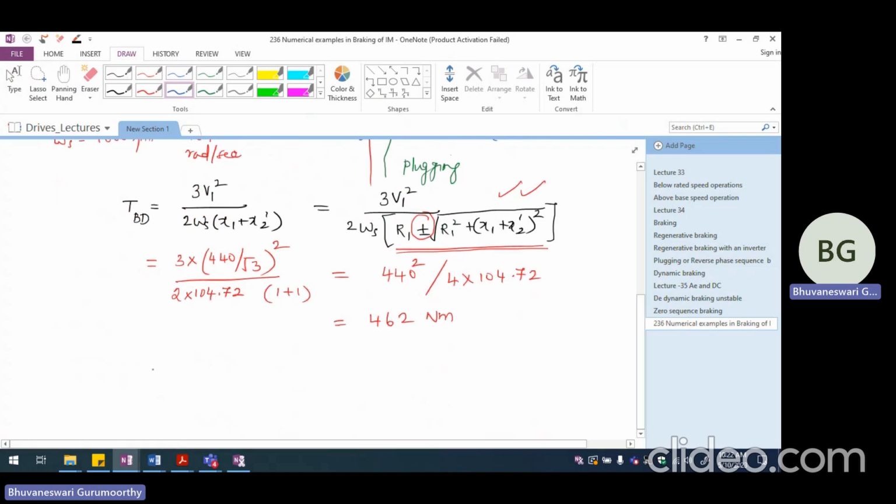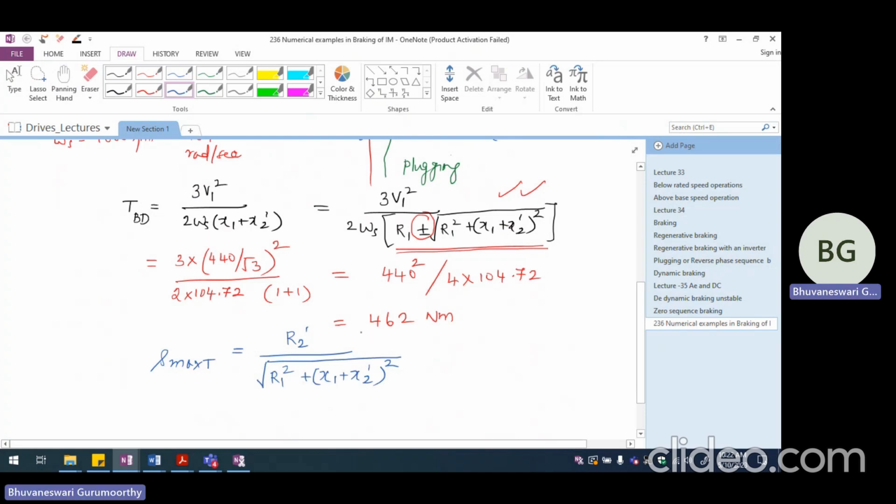So we can write S max T expression again, what we wrote in one of the lecture classes. It is R2 dash divided by the square root of R1 square plus X1 plus X2 dash the whole square. So this comes in the denominator.